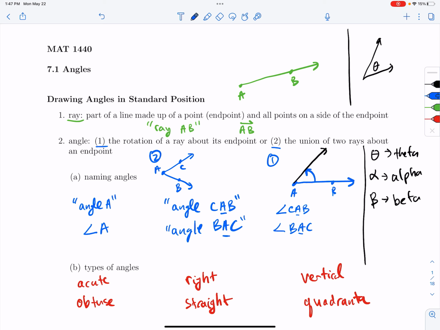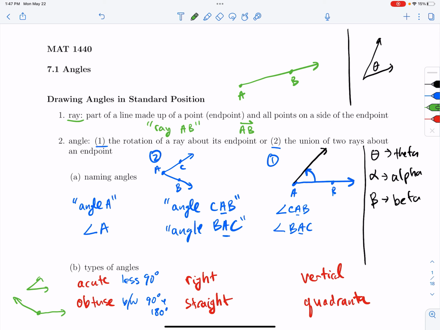An acute angle measures less than 90 degrees. An obtuse angle is between 90 and 180 degrees. So if I was to draw an acute angle, it might look something like this, so less than 90. An obtuse angle might look something like this.